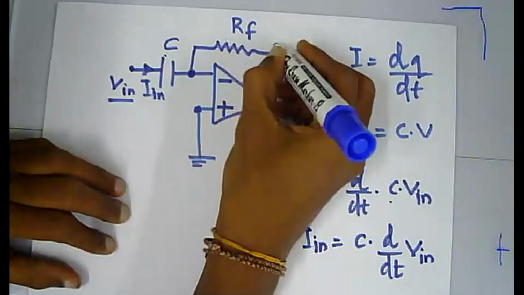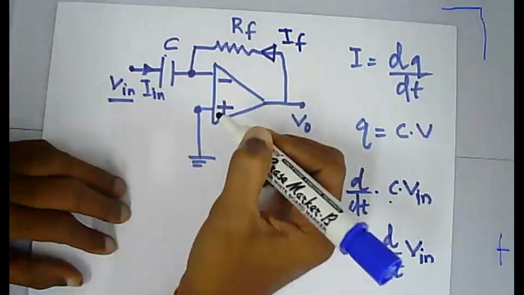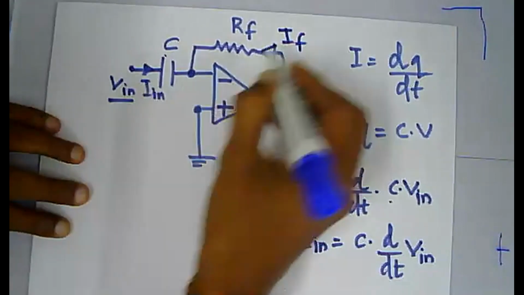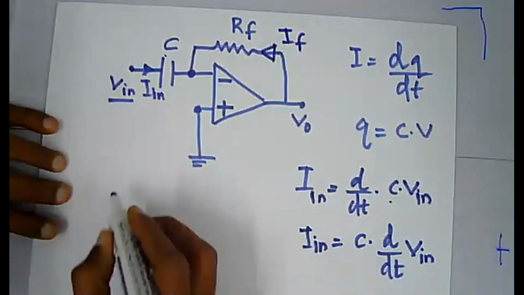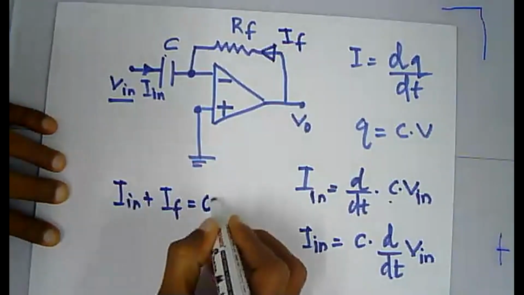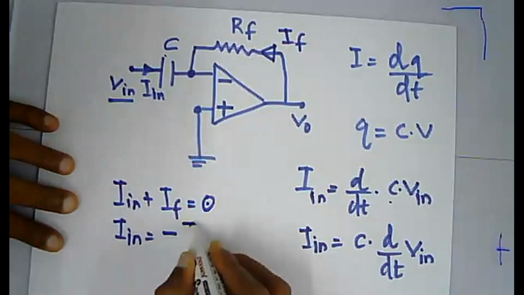Now, apply the same rule. This be IF, and the current going inside the operational amplifier is 0. So your I in plus IF becomes 0, and hence I in equals minus IF.